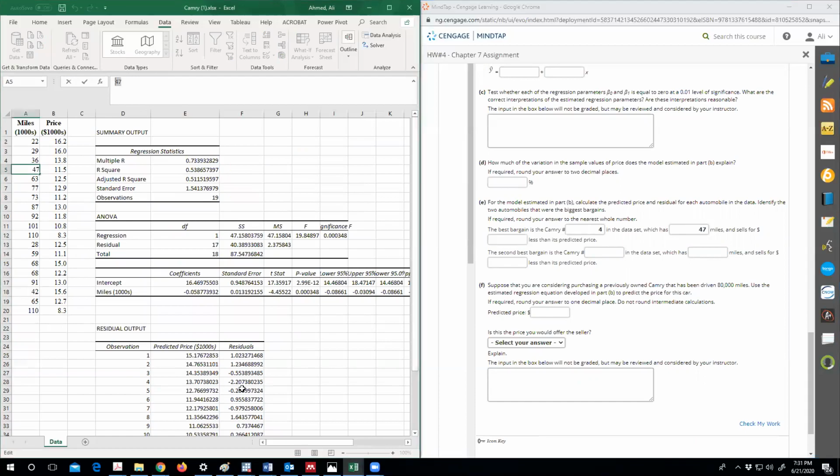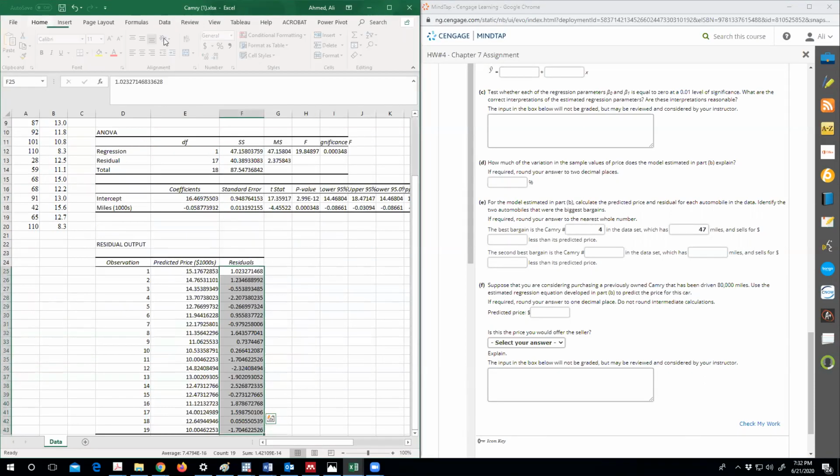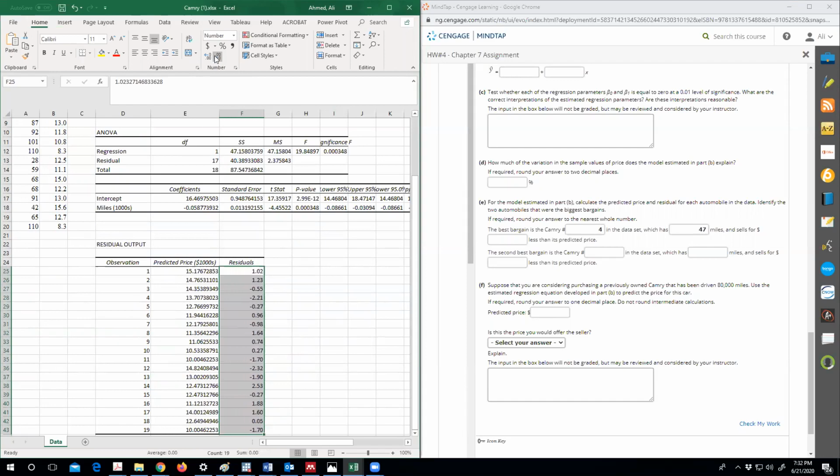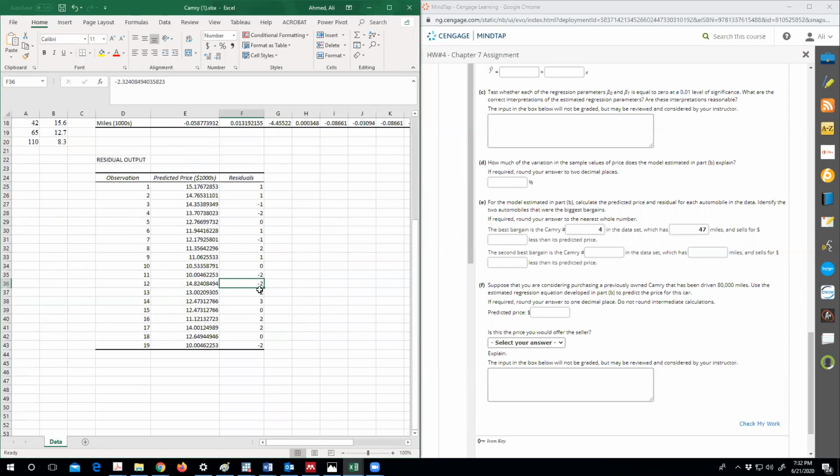I'm trying to round to the nearest whole number. So this is -2, but all of them are also -2.